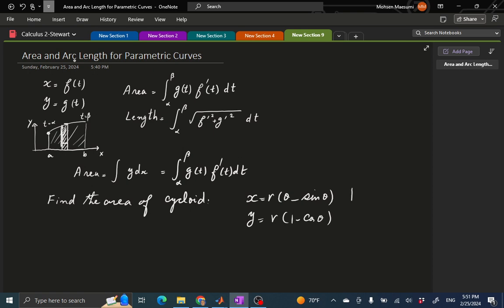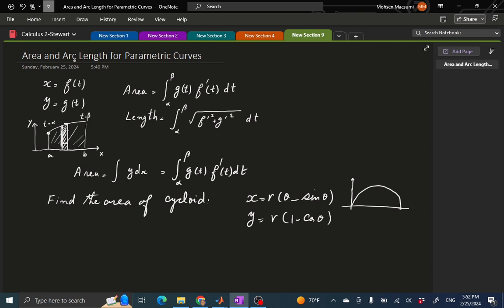You remember the cycloid had an appearance looking like this. If you take a coin and roll it on paper without allowing it to skid, then it's going to trace a curve looking like this.